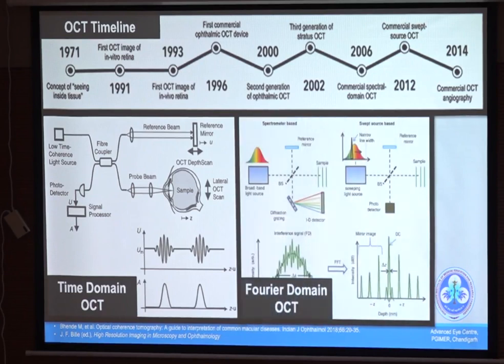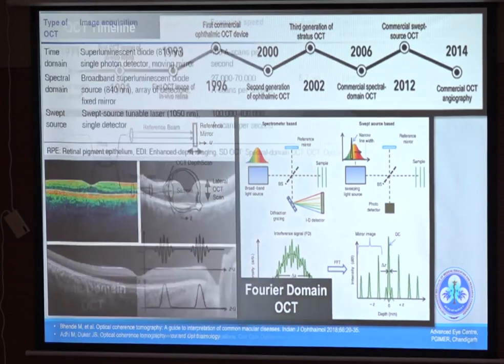With the Fourier domain, that is the next technology that includes both the spectral domain as well as the swept source OCT, they use the interference pattern of the waves to see what kind of tissue the light waves are striking and coming back. Thus they get a lot more data. So OCT angiography, as will be talked about in the next talk, is a derivative of the information that we were already getting from the Fourier domain OCTs.